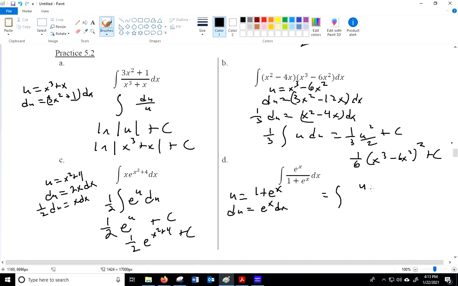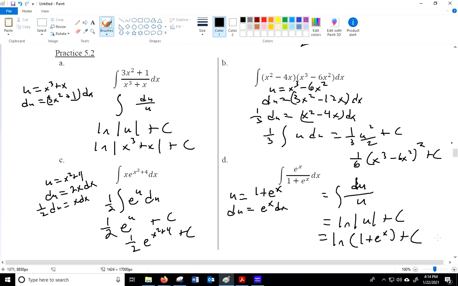So this is du over u. And the integral of du over u is the natural log of the absolute value of u plus c. So this is the natural log of parentheses 1 plus e to the x plus c.